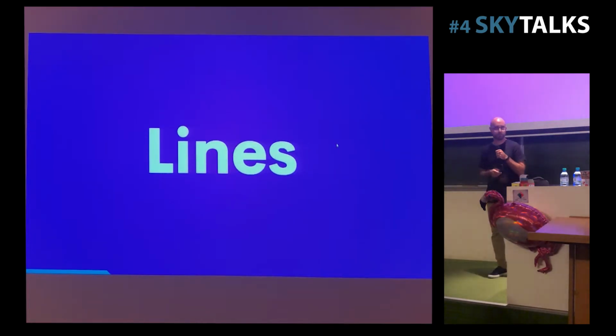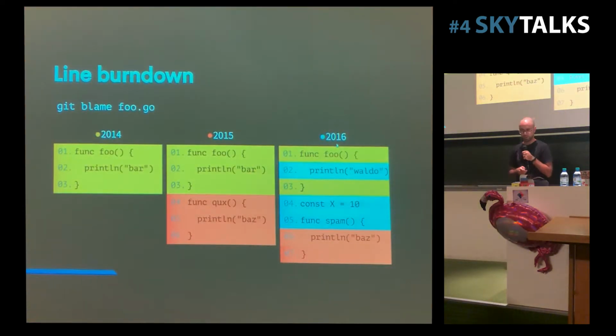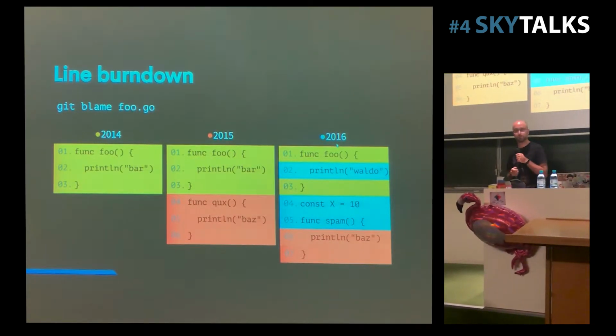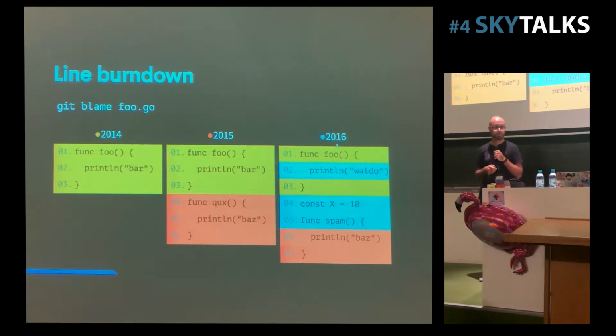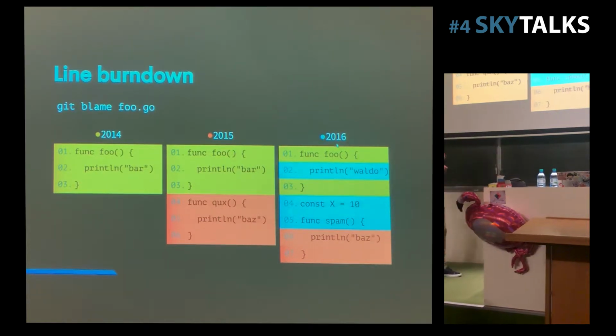The second is what we can do with lines, with diffs, and things like that. So this is an example of a burndown, how to calculate the burndown. Imagine that you have a file. The source code is in Go. I don't really care if it's Go or Python. So in 2014, the file was created, and it was 3 lines.